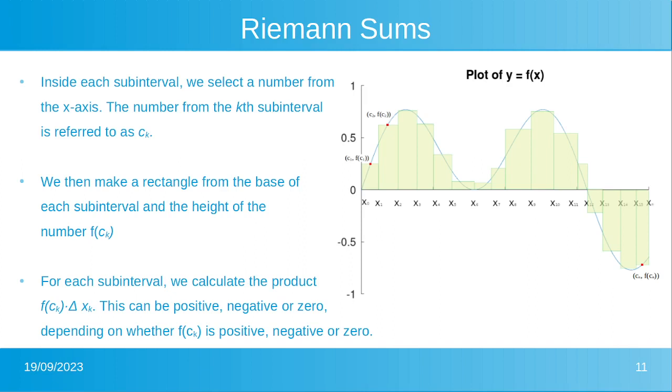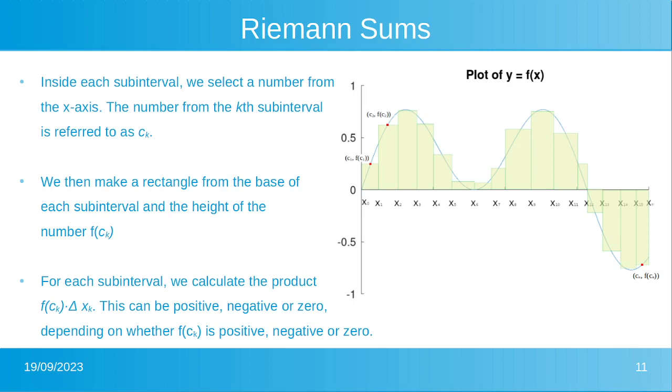And that point, c1, f of c1, has been highlighted with a red dot on the plot. And then we've made a rectangle from the base of that first subinterval and the height of the number f of c1.